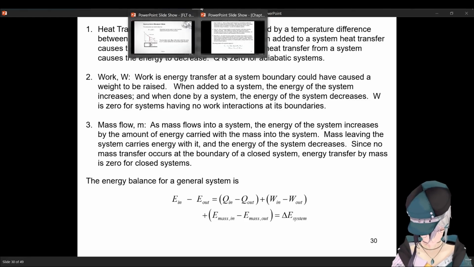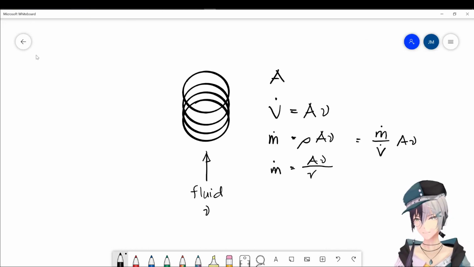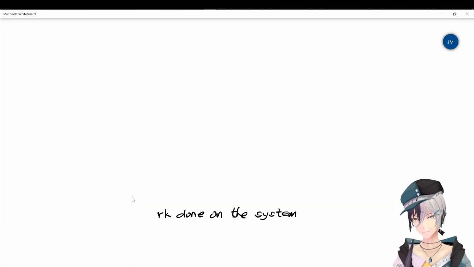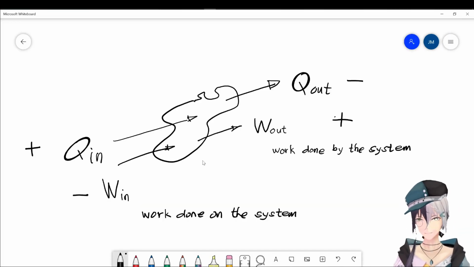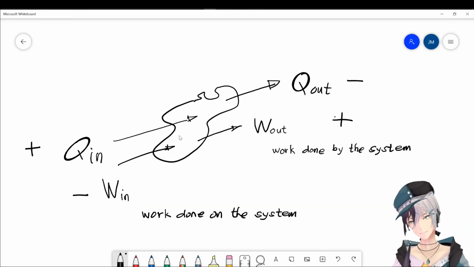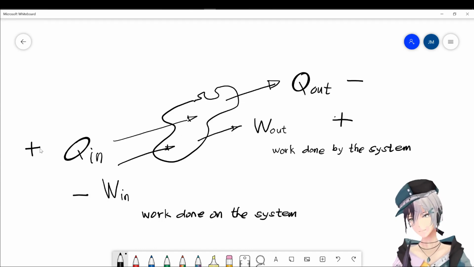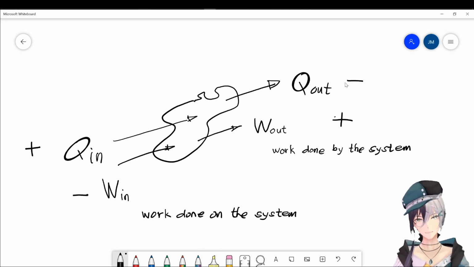Okay, so for boundary work, let me show you the sign convention. Again, this is just a review. This is your system. So you have Q in and then Q out. Positive Q in, Q out negative.